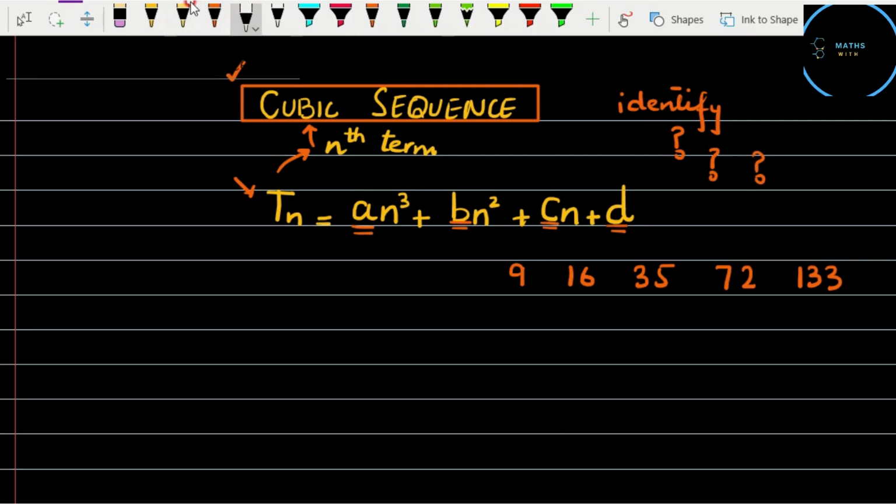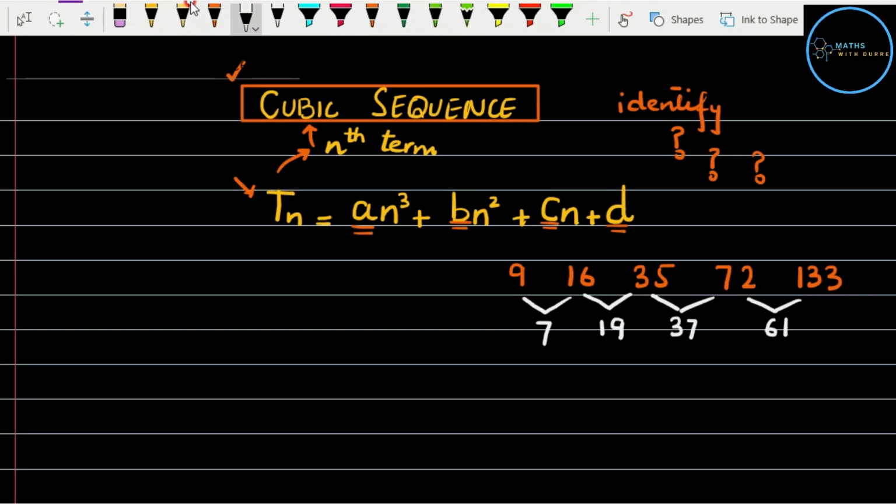So remember this: we need to find the difference of the consecutive terms. What is the difference of 16 minus 9? It will be 7. And 35 minus 16? It will be 19. Subtracting the next two values, we get 37. And 133 minus 72 will give us 61.